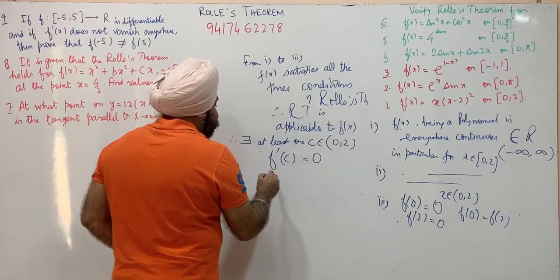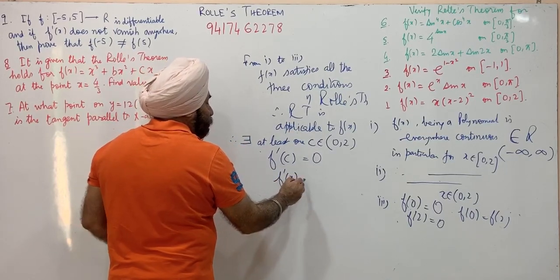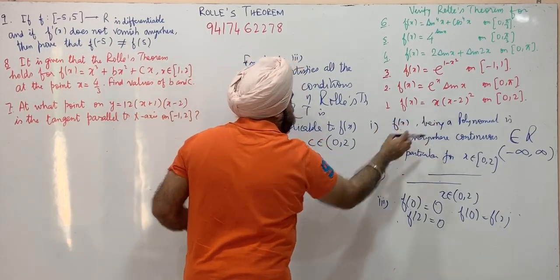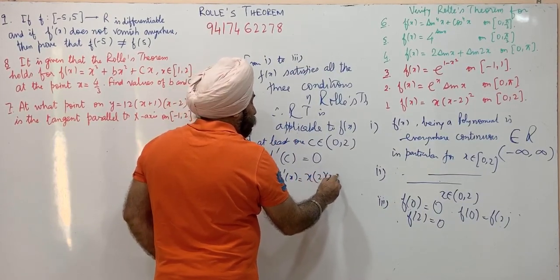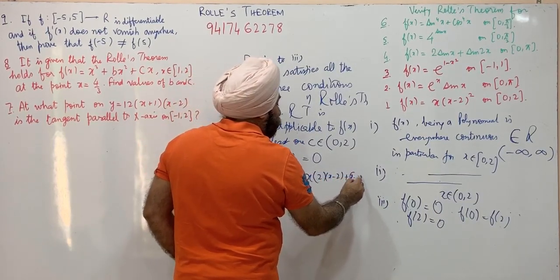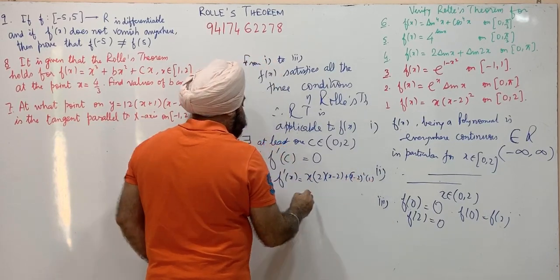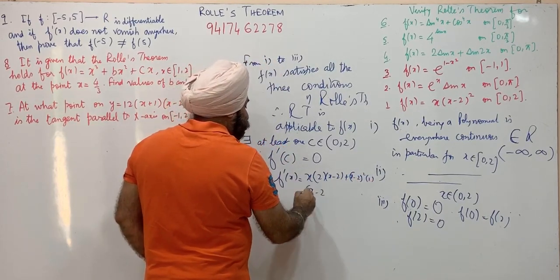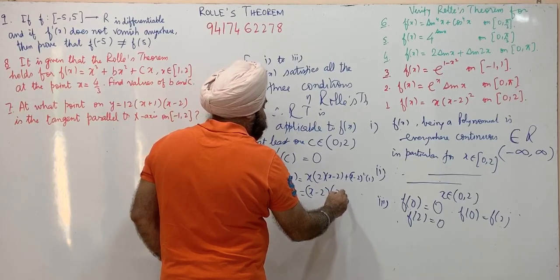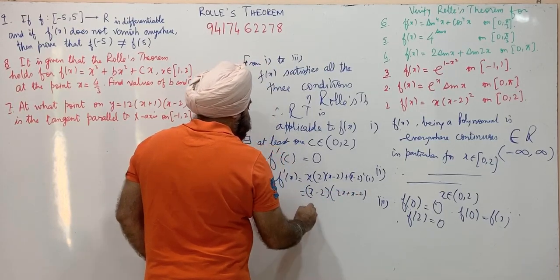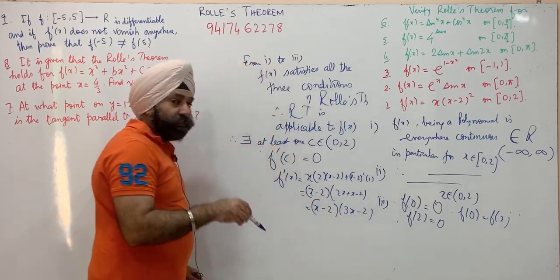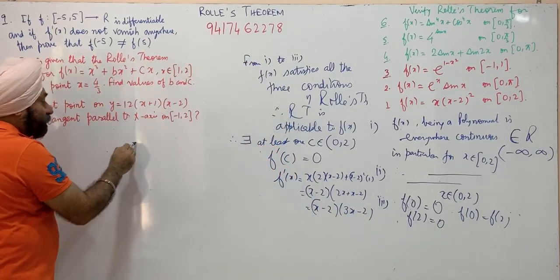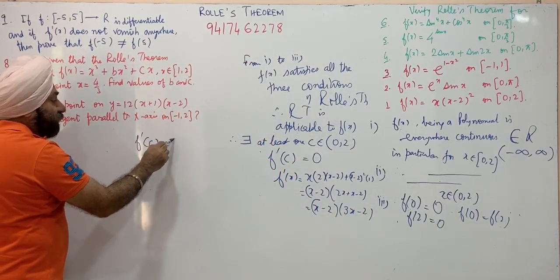So we need the derivative of the function, f dash of x. F of x is a product of two functions. So first function into derivative of second, plus second function into derivative of first, which is 1. x minus 2 is common. It's 2x plus x minus 2, so it's (x minus 2) into (3x minus 2). This is f dash of x, and f dash of C is equal to 0.